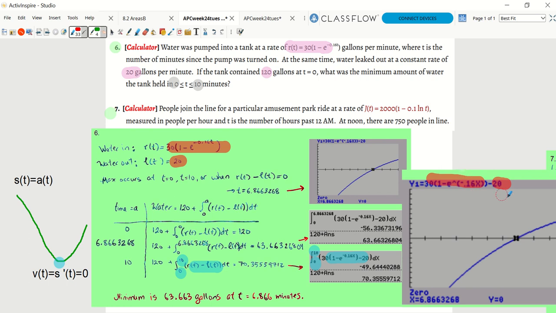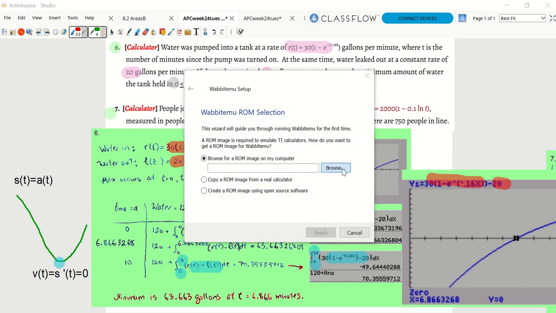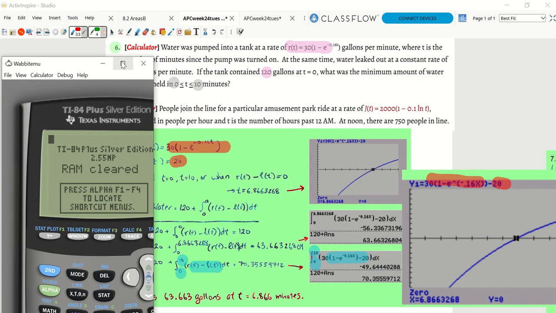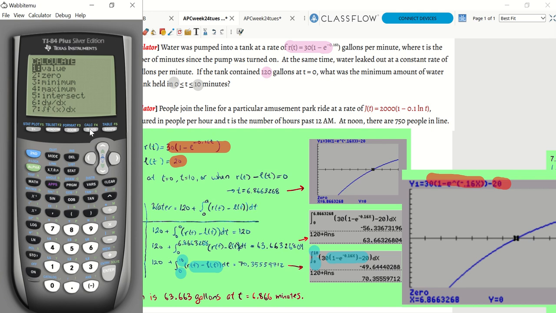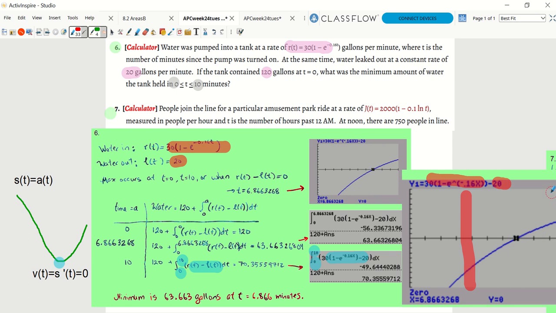So you enter this in your calculator and use the second trace function, go to option 2, which is zeros, put a left bound somewhere here, put a right bound somewhere here, and press enter on guess, and it'll give you that. So you find out that this is 6.866 right here.